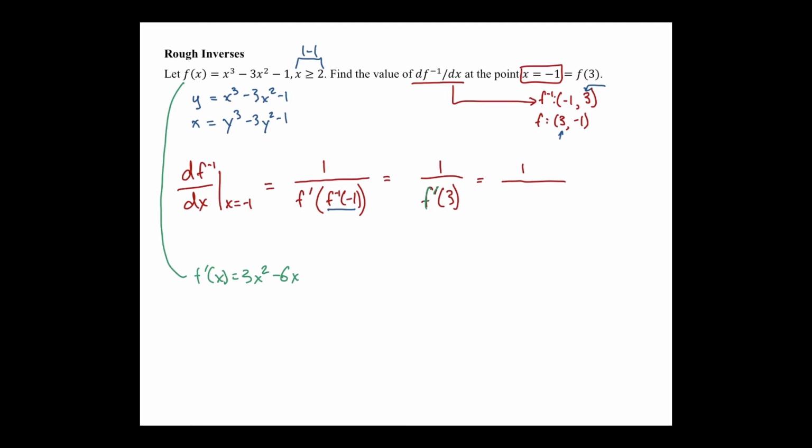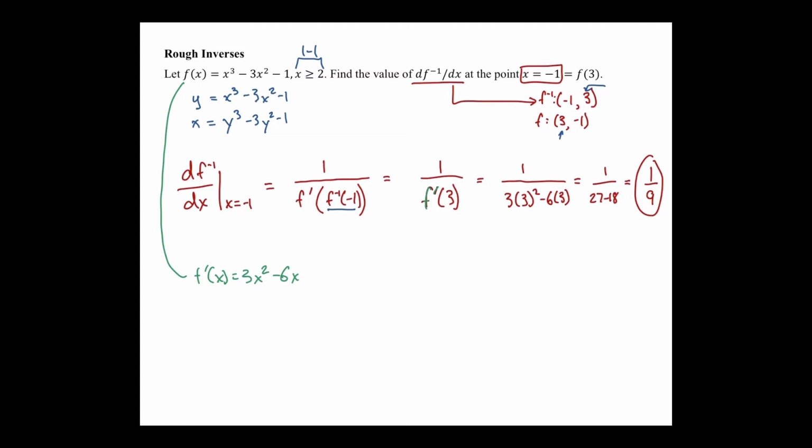That is to say, we have 1 over 3 times 3 squared minus 6 times 3, which is going to be 9 times 3 is 27 minus 18. So 27 minus 18, which is just going to give us 1 over 9.